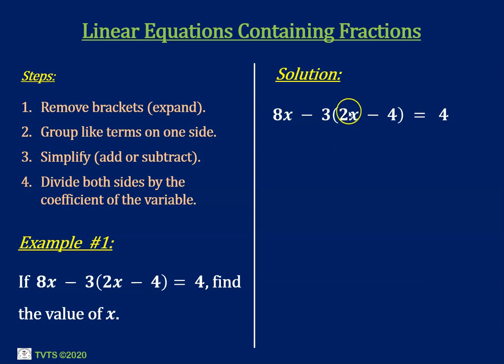Let's first remove the bracket by distributing negative 3 over 2x and negative 4. So here is 8x. Negative 3 times 2x is negative 6x.